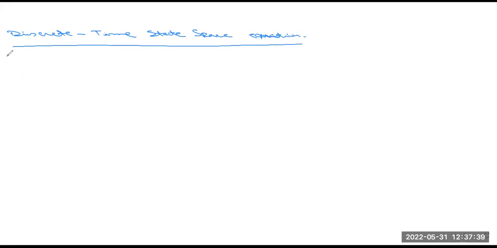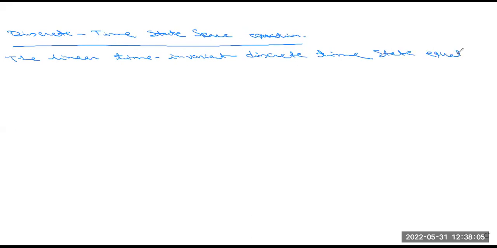So the linear time invariant discrete time state equation is x of k plus 1 is equal to g x of k plus h u of k.